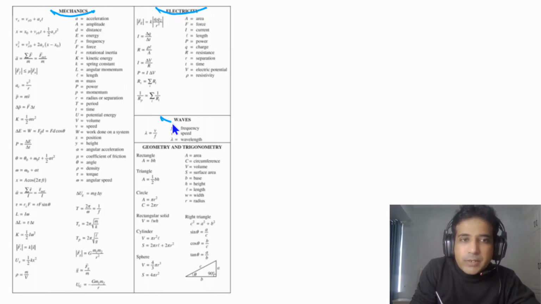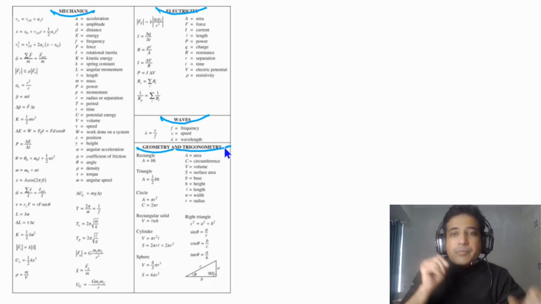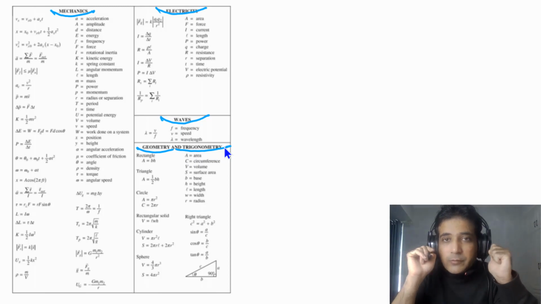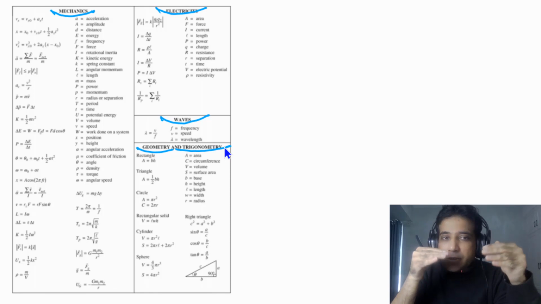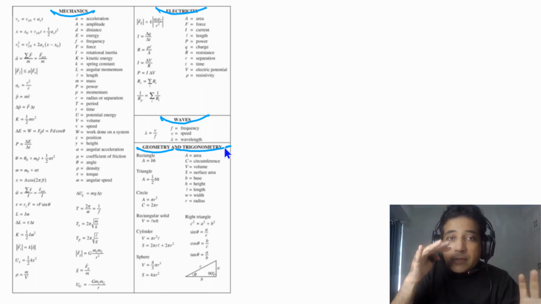You can also find some formulae for waves, and some formulae for geometry and trigonometry are also given to you. So if in the exam you have forgotten any formula and you need it, you can come to this page and check, because it is very important to know that these formulae and constants are given to you. If you need them, you can find them.